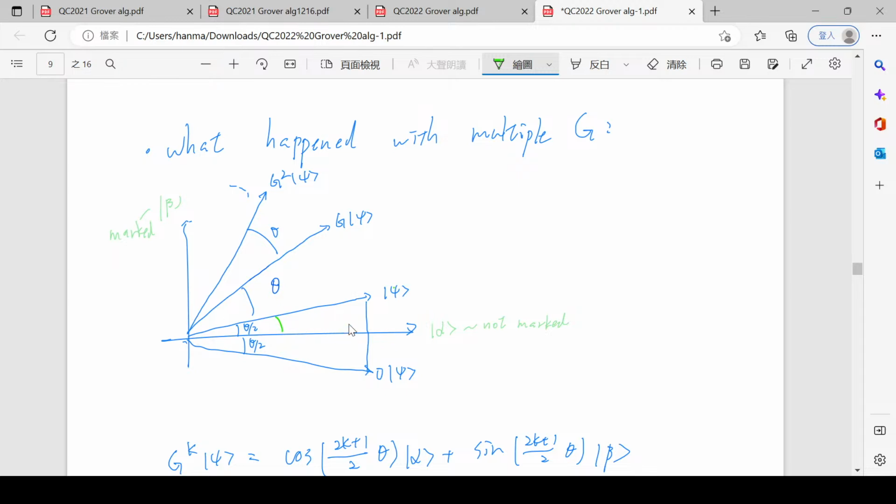And so a reflection around this thing and a reflection around this thing will actually be a rotation of angle theta. Okay. And as we said, we'll keep doing the iteration. So we'll add theta, theta, theta, theta until we end up somewhere close to beta. Then we do a computational basis measurement. But then we have mostly beta. So when we do a computational basis measurement, we have a very high probability to get something inside beta. Okay.